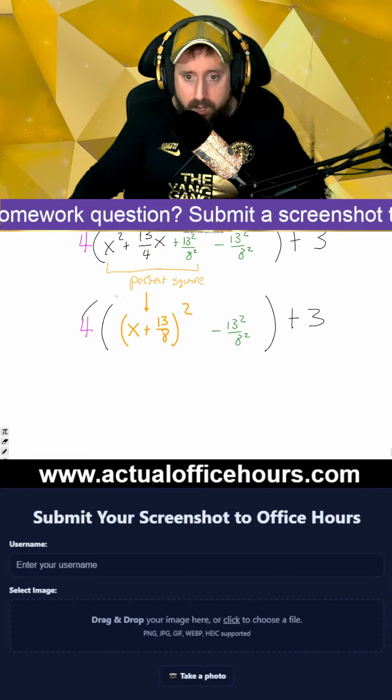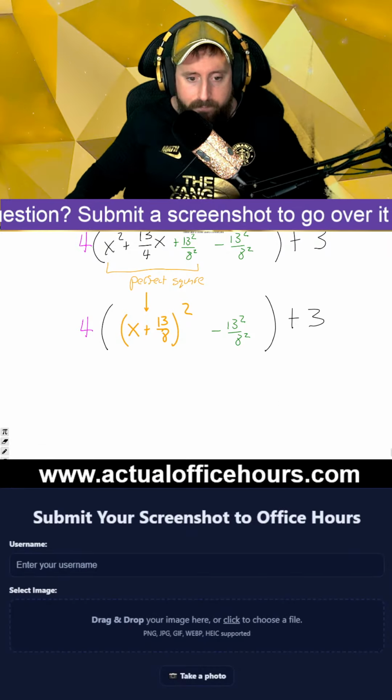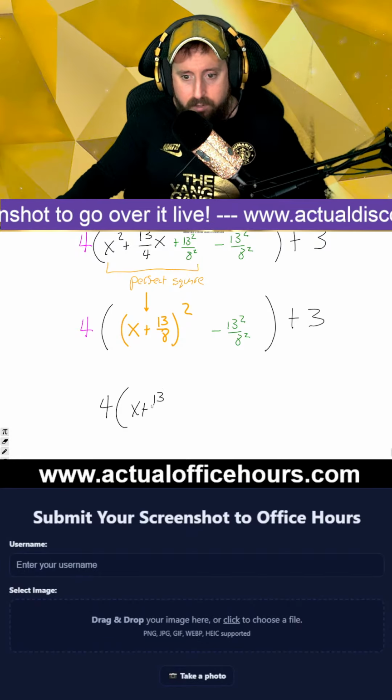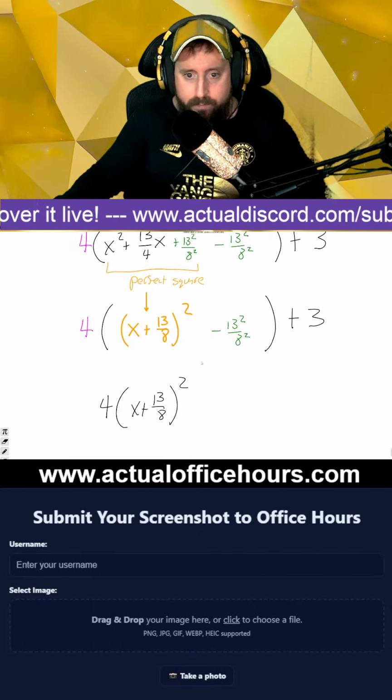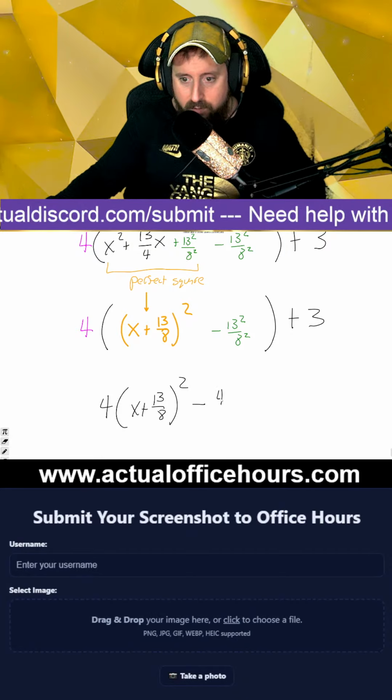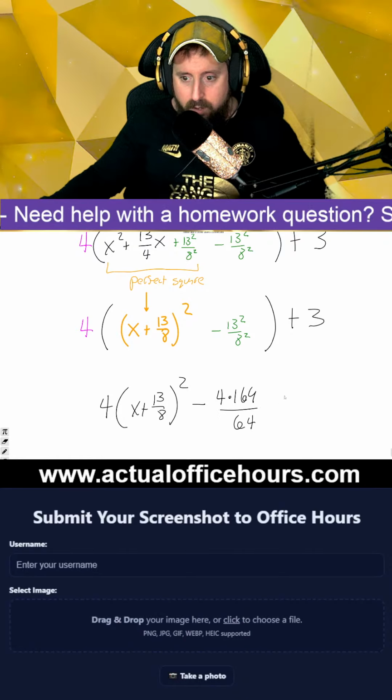Now I want to multiply this in to try to simplify. So that's going to get me 4x plus 13 over 8 squared. And then 4 times this, that's going to be minus 4 times 169 over 64. And then we have plus 3.